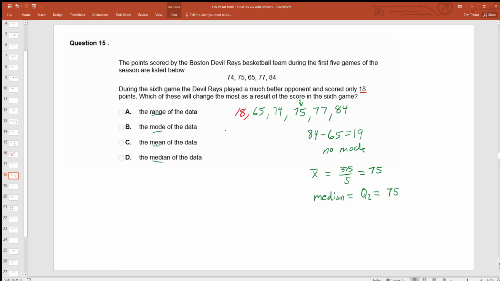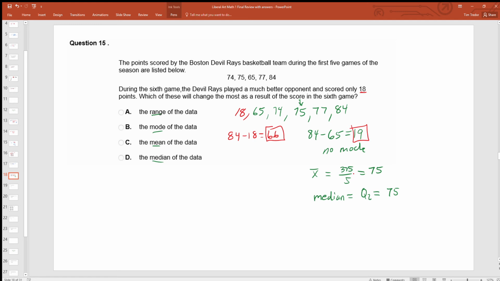The range is going to be 84 minus 18, which would be 66. Compare that with the range from just the green numbers.